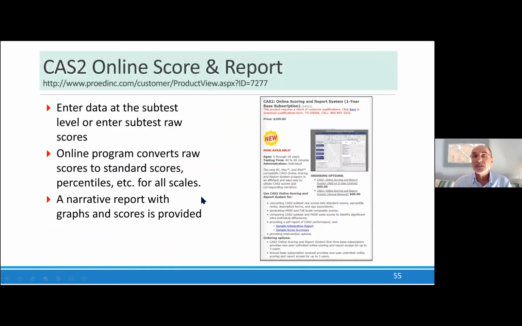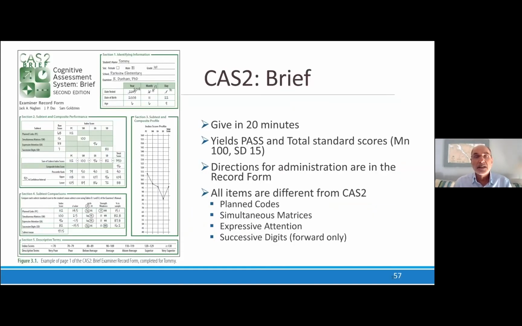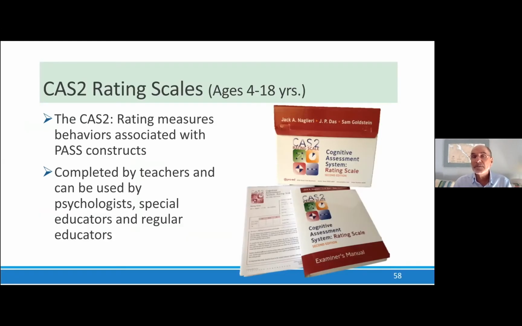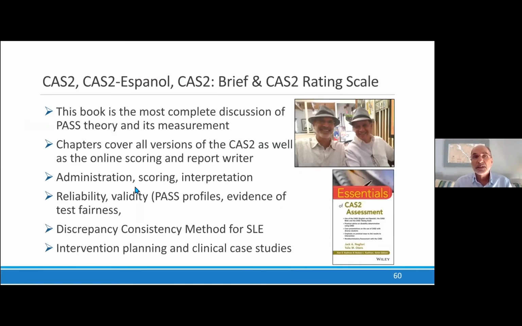We do have online scoring and report writing, so you really don't have to put the raw scores in and you get your report. You can copy and paste and do whatever you want with it. It's an unlimited use. It really works well. The CAS2 brief, all the scores are mean of 100 and SD of 15, only 4 subtests, as it should be. The actual directions are on the record form, and the CAS2 rating scale is pretty straightforward.